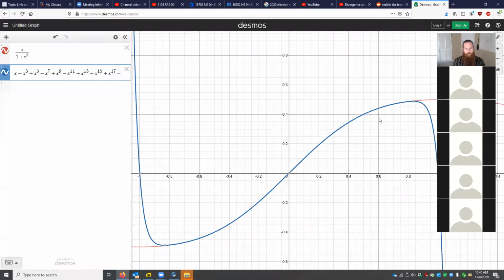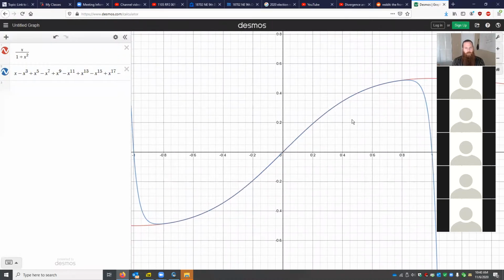All right. Comparing the red and the blue, what do you think the interval of convergence is for this power series, whose 27th partial sum is graphed here in blue? -1 to 1. Good. Also -1 to 1.